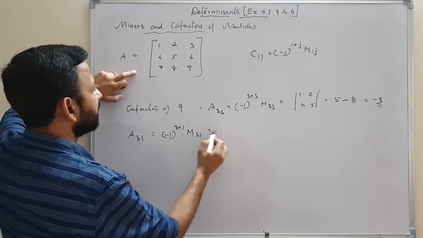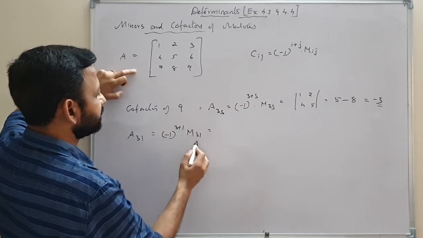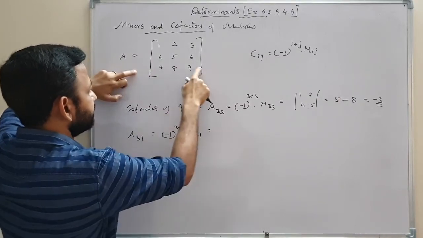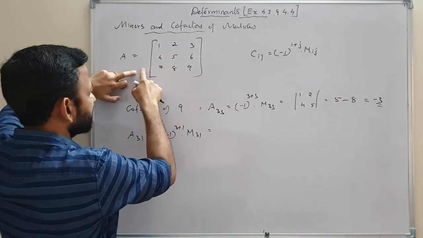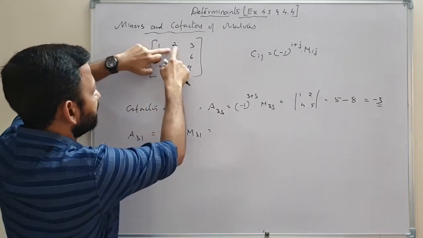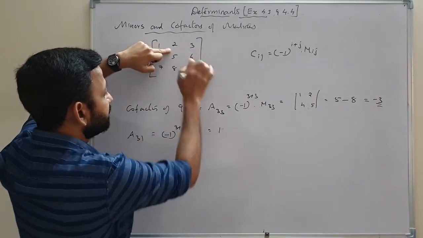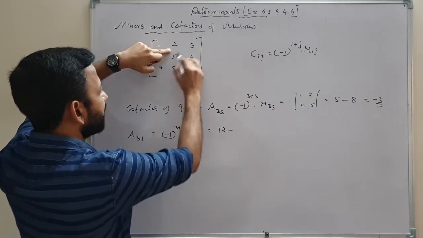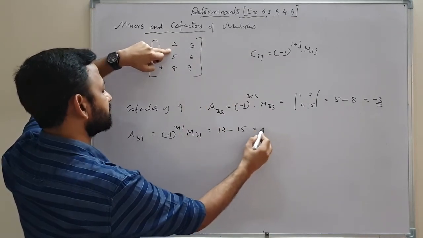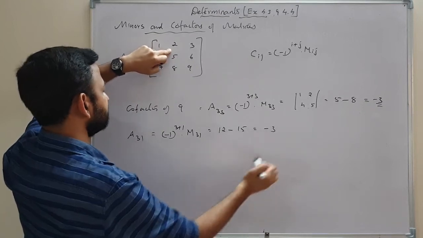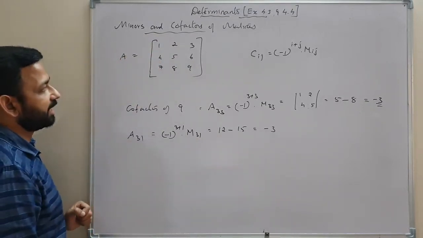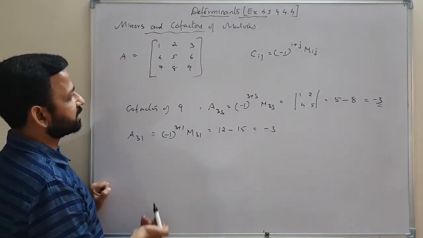Minus 1 raised to 3 plus 1 is positive. And M31, deleting third row, first column, then 2 into 6, 12, minus 5 into 3, 15. So that will be minus 3. So A31 is minus 3.